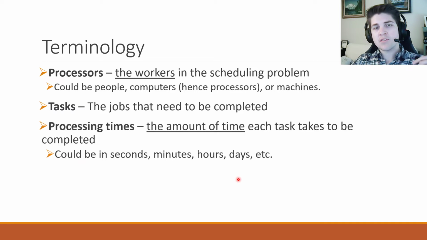So the book uses the term processors for the workers in the problem. So those two automotive techs we would refer to as the processors. And the book uses a very computer-oriented approach to this chapter. Another aside is that in the realm of computer programming, this chapter is a very relevant, very important set of ideas, because, like in that problem where we had people working on our cars, computers have processors which work on the individual tasks that we're trying to do on our computer, say recording a lecture or watching Netflix or whatever.